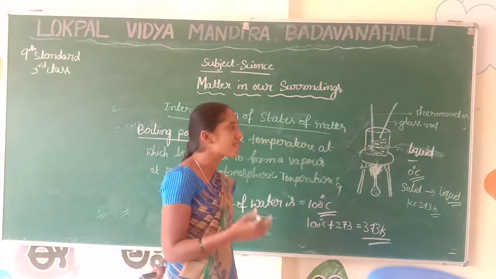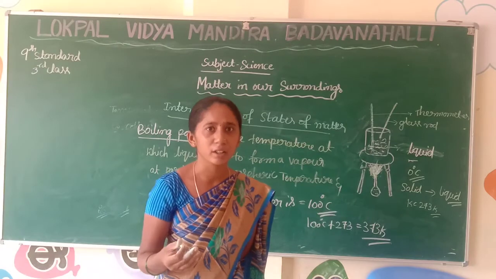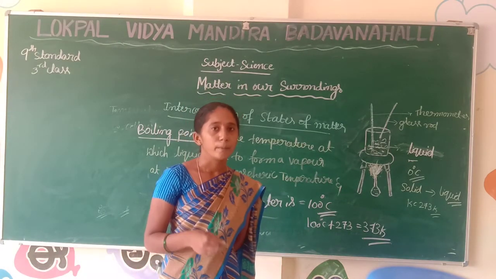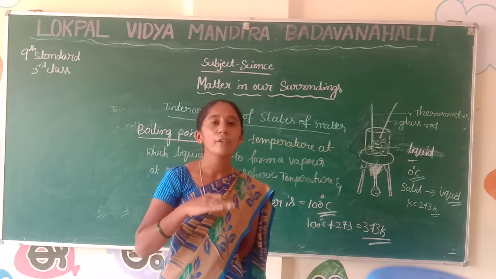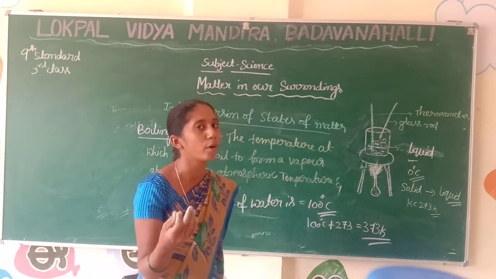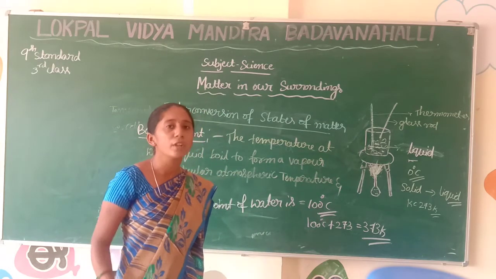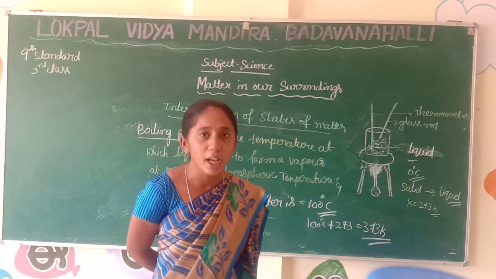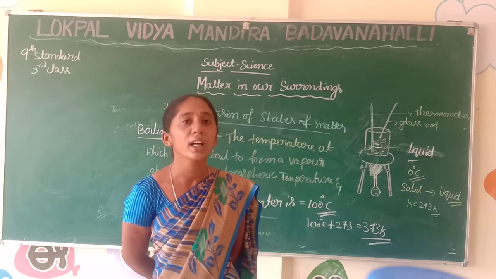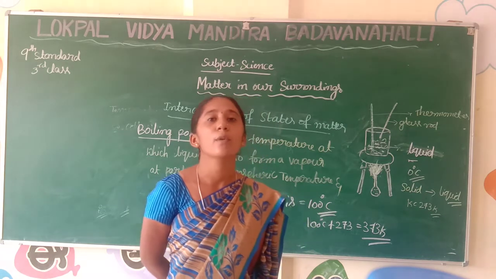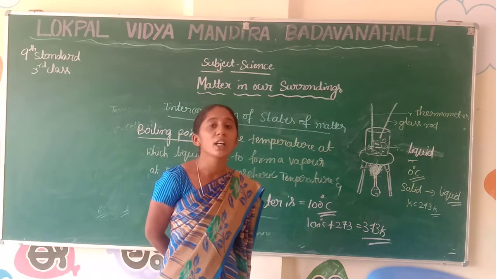The water starts boiling at 100 degree Celsius, but after the water starts boiling, the temperature does not rise. Why? Where does the provided heat energy go? The excess heat energy is absorbed by the steam water particles.